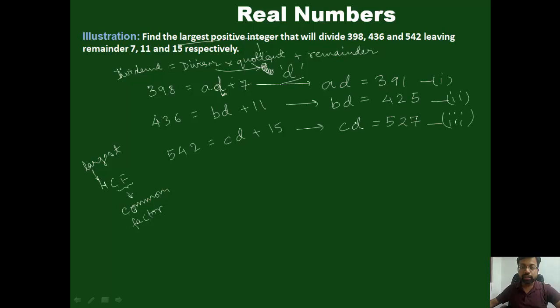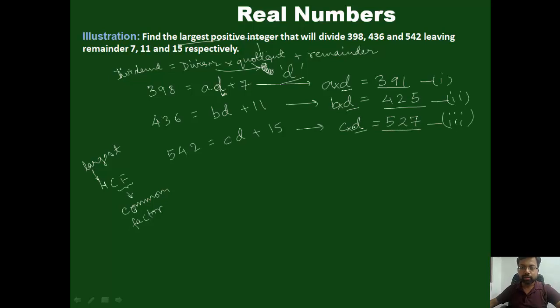Now, what can you say about d in these three equations? In these three equations, a, b, c, and d are integers. a into d is 391, b into d is 425, and c into d is 527. So d is a common factor in all these three equations. So d is a factor of 391, d is a factor of 425, d is a factor of 527.